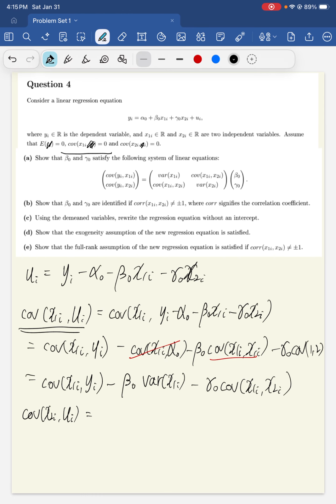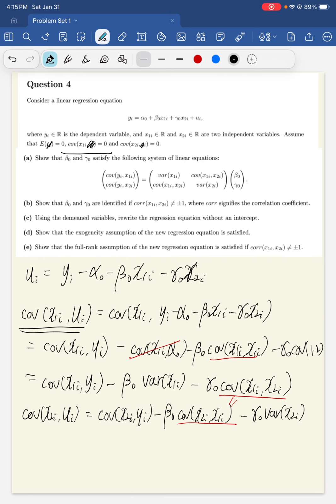Then you will get, following the same algebra, covariance x2i y minus beta 0 covariance x2i x1i minus gamma 0 variance x2i. And you know covariance is interchangeable: covariance 1 2 is covariance 2 1. They are the same thing.